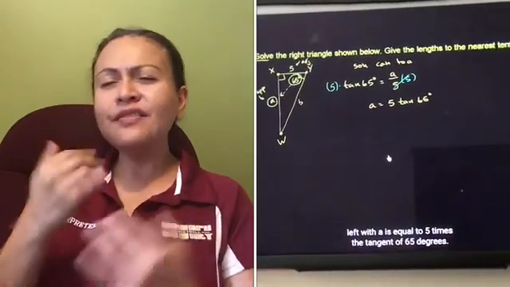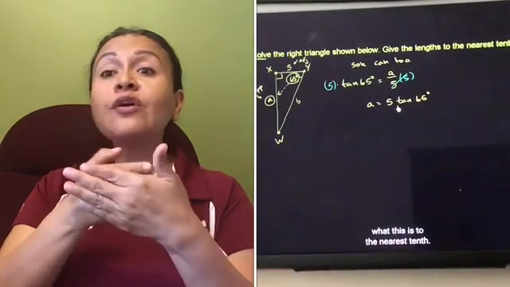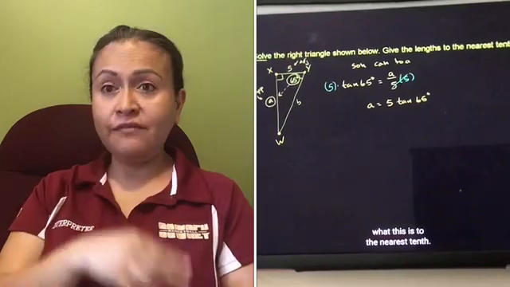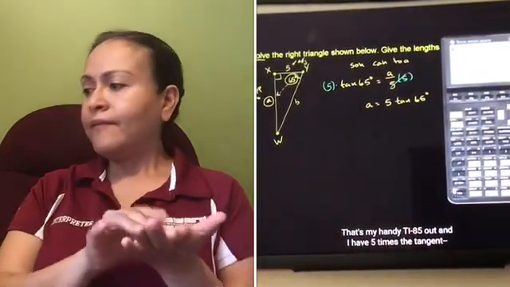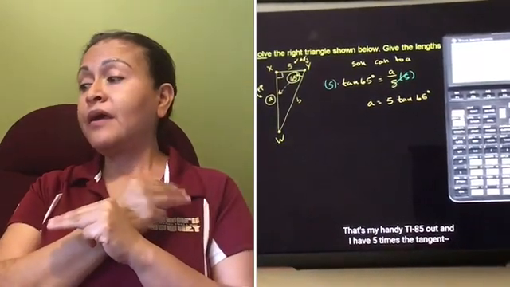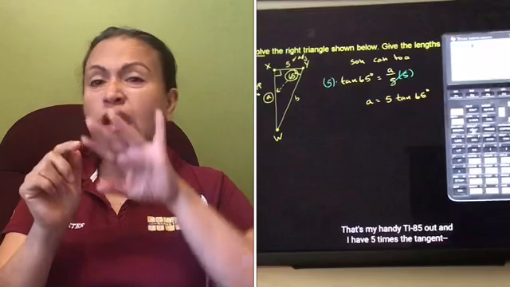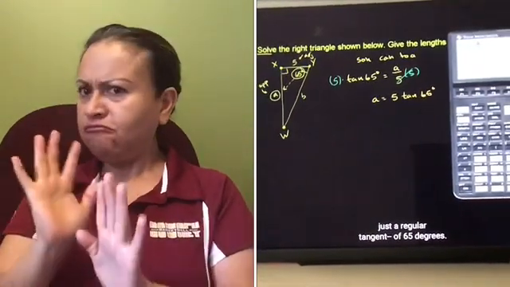So now we can get our calculator out and figure out what this is to the nearest tenth. Get my handy TI-85 out, and I have 5 times the tangent, no, I didn't need to press that second, just the regular tangent of 65 degrees.